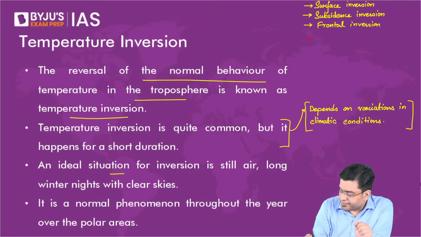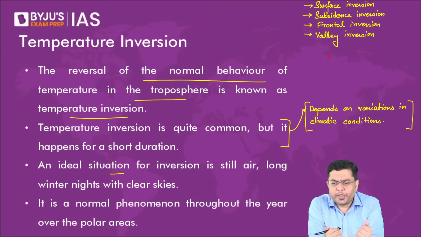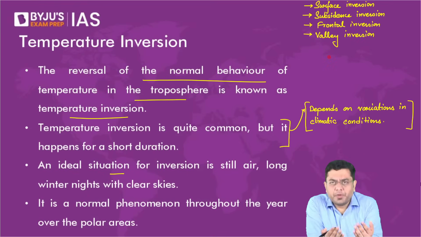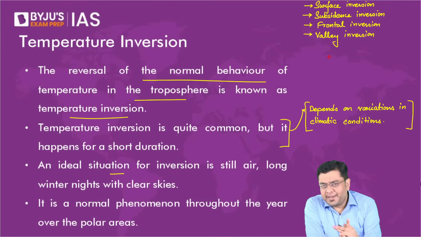Then you have valley inversion. You also have a categorization of a permanent mechanical inversion and a transient mechanical inversion. But these are the four kinds that you should be aware of.